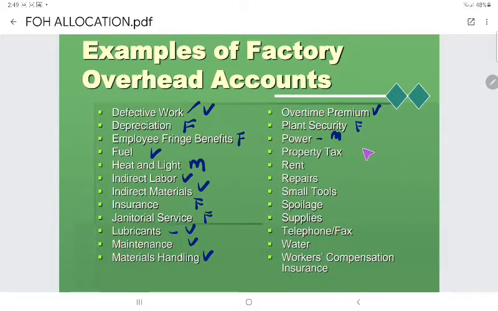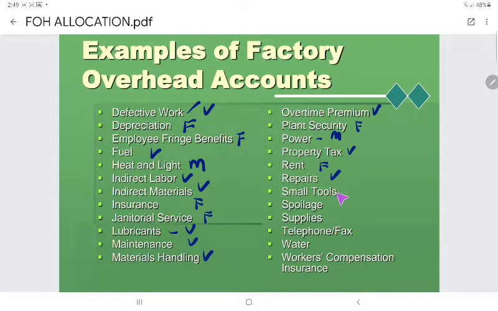Power will be mixed. Your property tax will be normally variable because it will depend on the area that you are occupying. Rent within the relevant range is fixed because it is contractual. Although in the long run, this would increase, no? Repair will be variable because as the need arises.